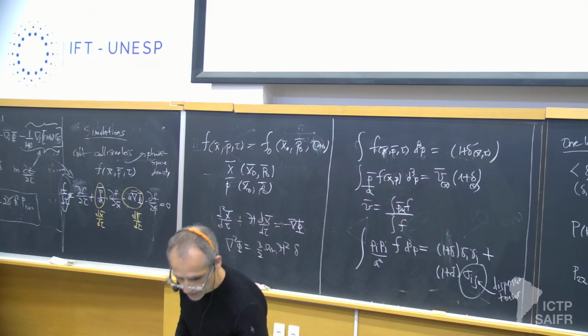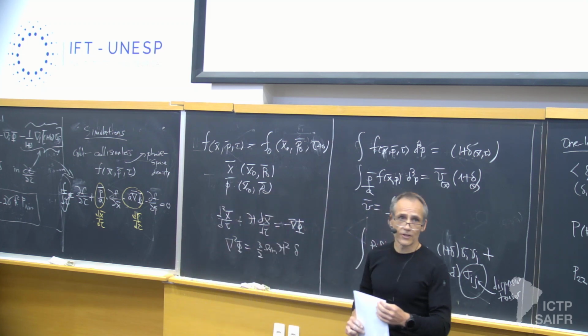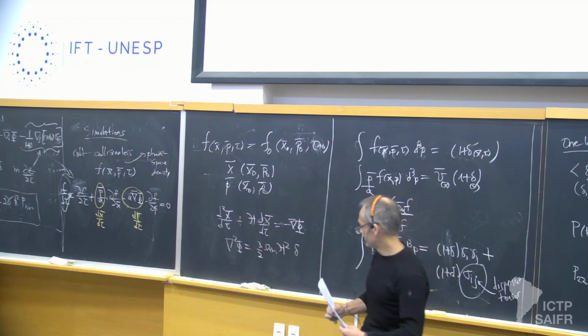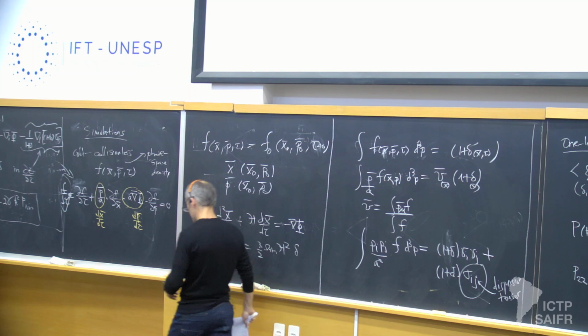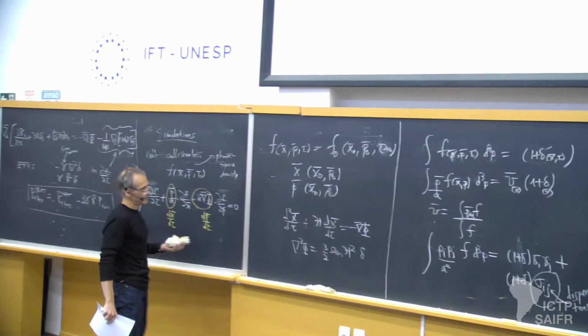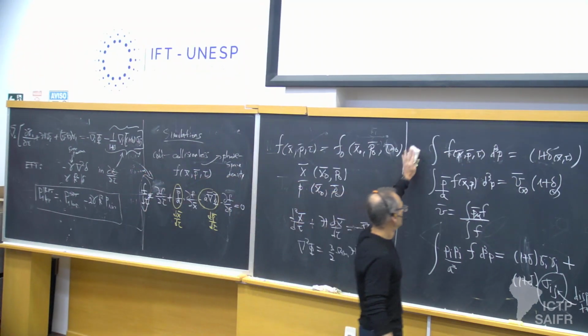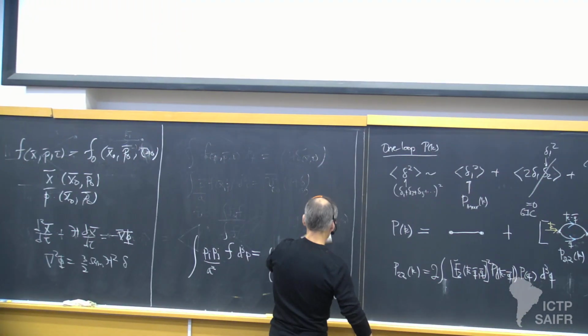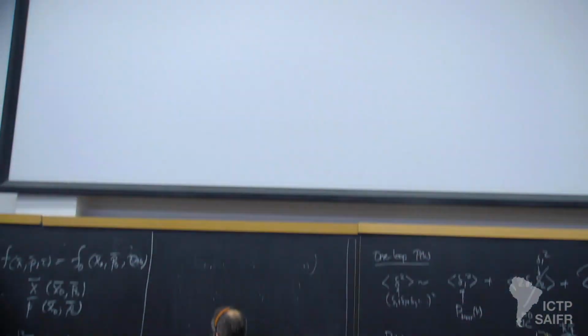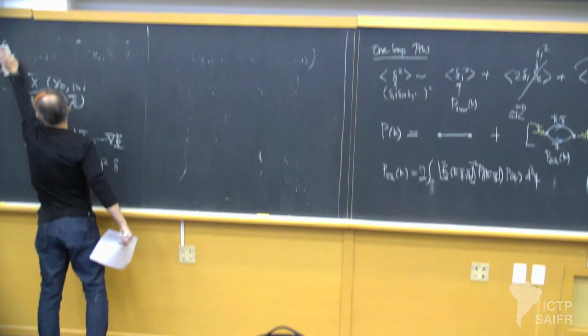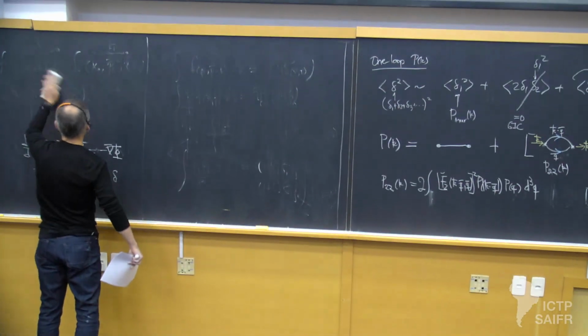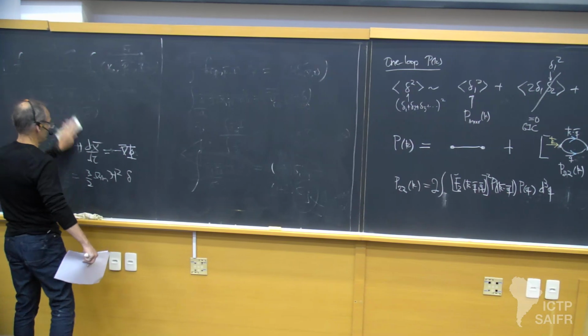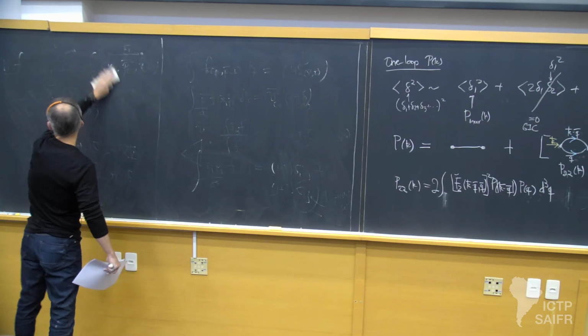Okay, so now let's talk about galaxies, all right? So finally, now, when I say galaxies, I mean any other, it could be some arbitrary tracer of the dark matter field. It doesn't have to be galaxies themselves.